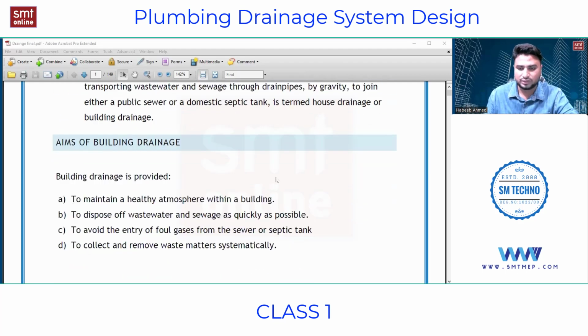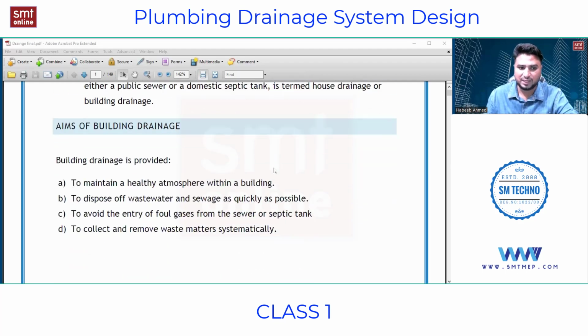The main aim of building drainage is to maintain a healthy atmosphere within a building. You might sense a bad or foul smell or odor inside the building, and that is not acceptable. Not only the odor: when sewer gases repel back and enter the room or building, they not only bring a smell, they also carry bacteria that are hazardous and problematic for humans.